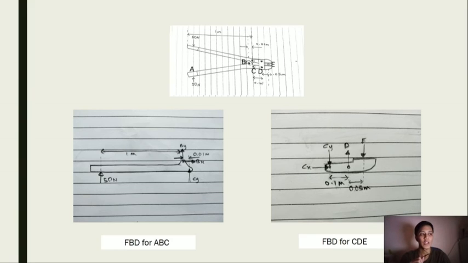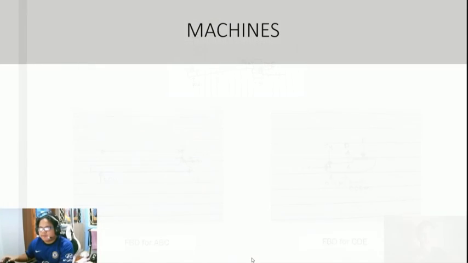First is the free body diagram for part ABC, and the free body diagram for part CDE. So that's all for machines. Move on to the machines.